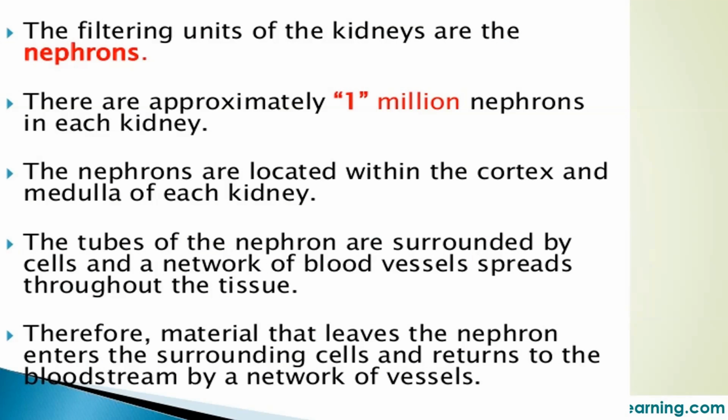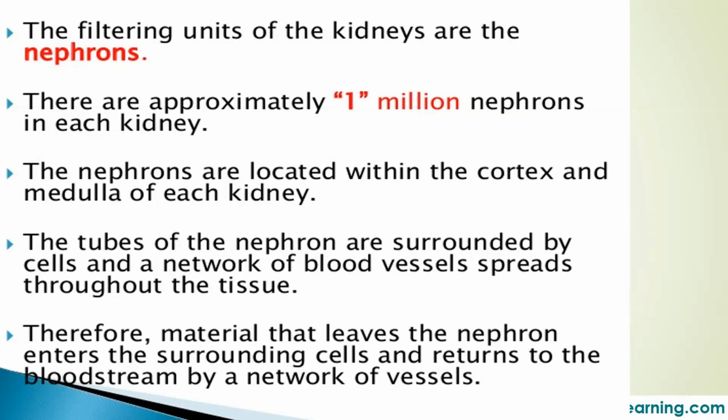The tubes of the nephron are surrounded by cells and a network of blood vessels spread throughout the tissue. So the nephron has specialized kinds of tubes, 3 or 4 types of tubes.